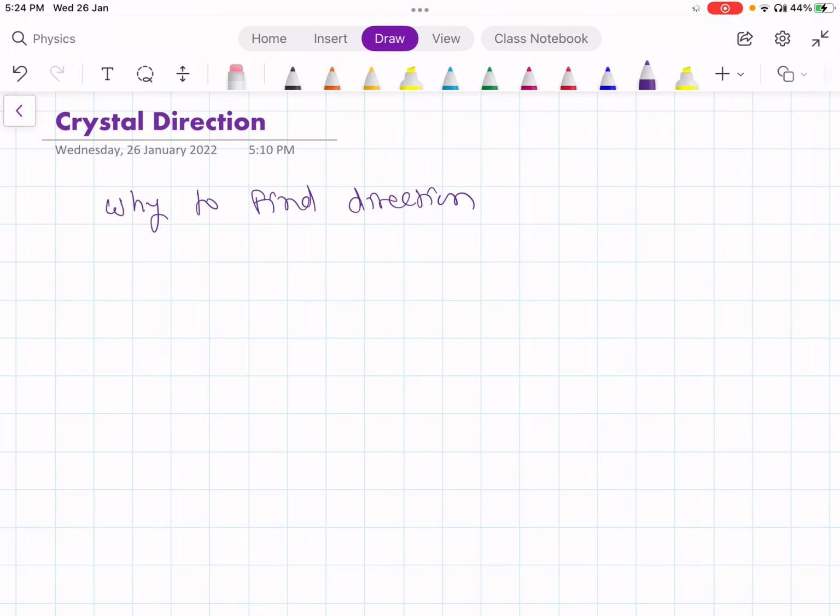That is because many properties of the crystal are directional.